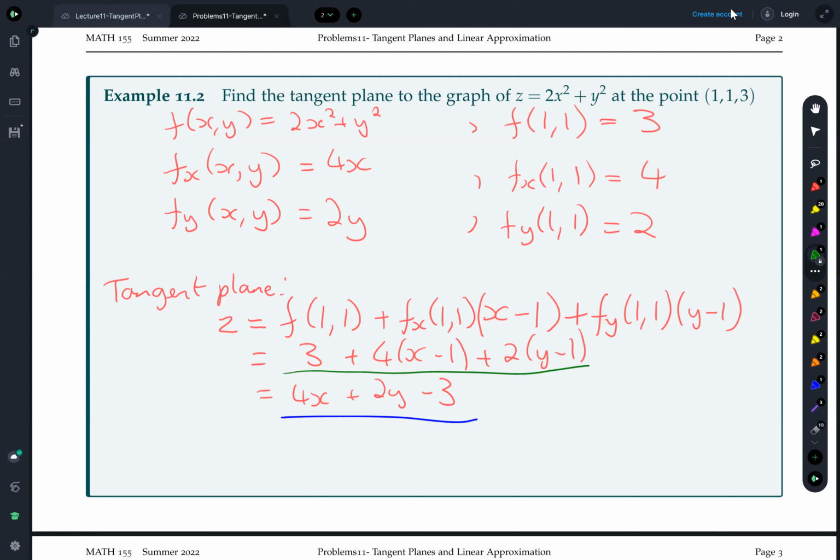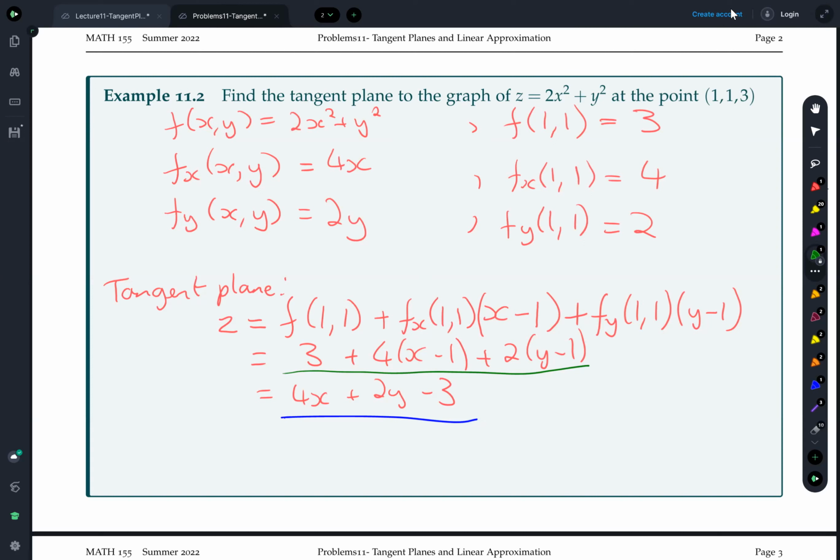So the bits in the brackets, the x minus 1 and the y minus 1, are going to be very small. So we usually would leave it in this form underlined in green as opposed to the form underlined in blue. If you're doing a linear approximation, it's fine to leave it in the green form. If you're just asked what the tangent plane is, then go through to the blue form.